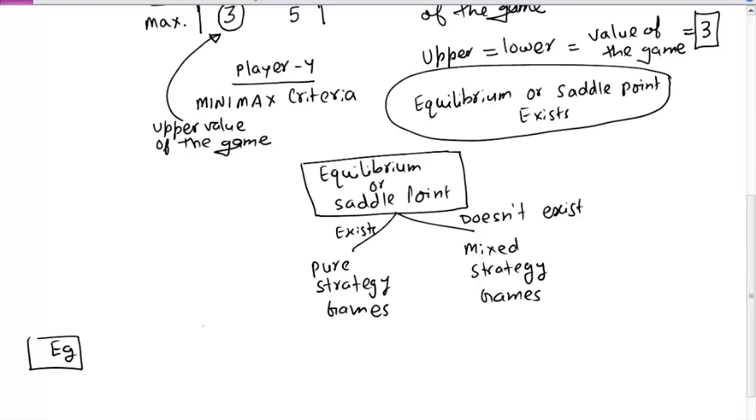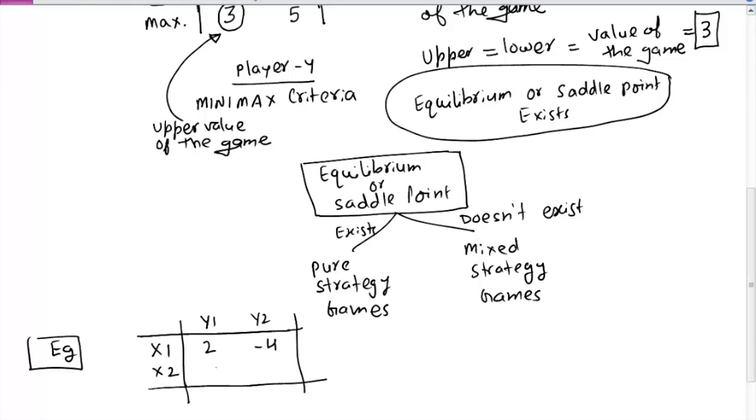So let's say the payoff matrix looks like this. Suppose payoffs are 2, -4, 6 and 10. Now if you have to figure out whether this is a pure strategy game or mixed strategy game, we again apply Minimax criteria for player Y. If we find the maximum value in those columns, the maximum is 6 and 10.